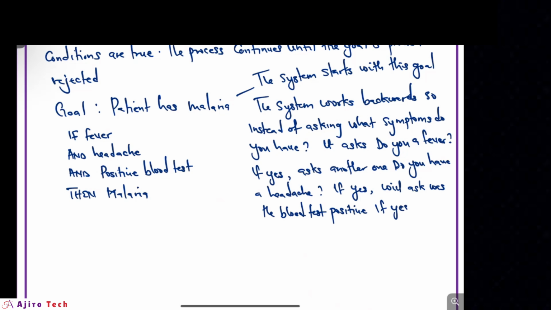If yes, then the system concludes the patient has malaria.